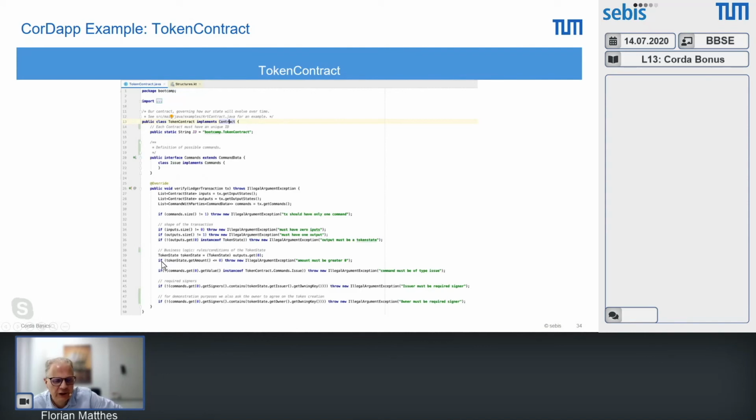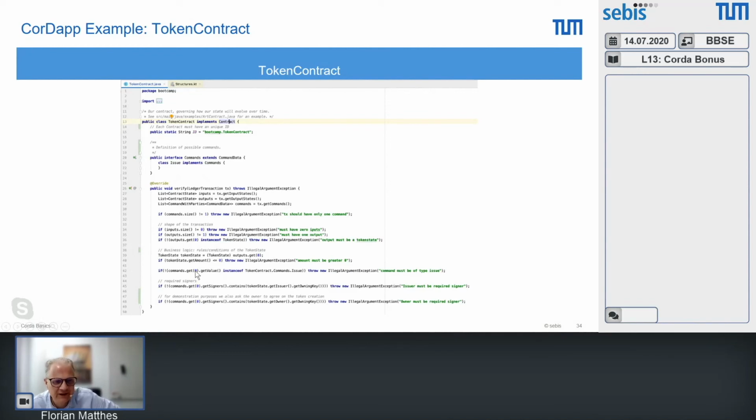And now we are ready to look more at the token state, which we want to produce as an output. And again, we would make sure that the amount of tokens we generate is larger than 0. So amount must be larger than 0. Then we look at the value. So we look at the first command in the list of commands.